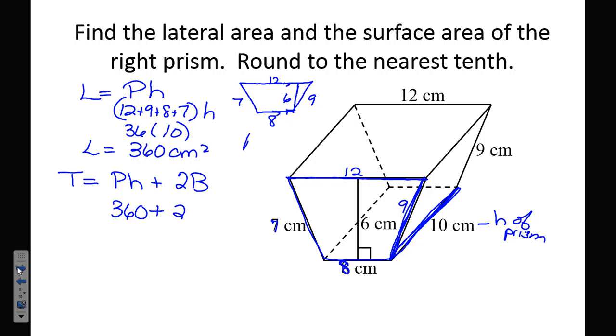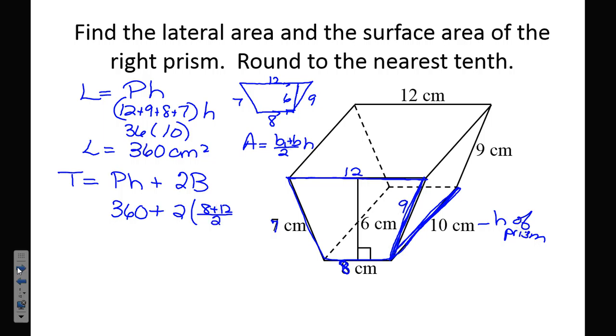So the area of a trapezoid is always going to be the sum of the bases divided by 2 times the height. So you find the 2 parallel lines, that's the 8 and the 12. You're adding them up. You're dividing by 2, basically averaging the bases.